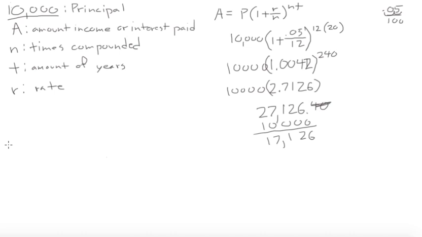Okay, so now let's take a look at an exponent. Okay, so we have something like 2, and then the exponent is 6. Okay, well, this is called the exponent. And this right here is called the base.